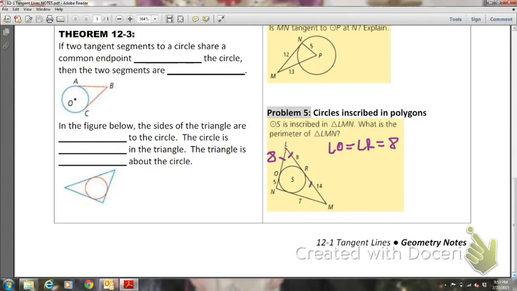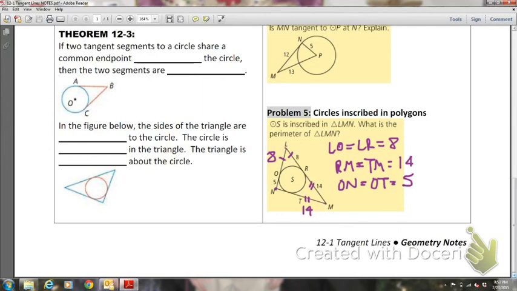So RM has got to equal MT, so those are both 14. And then the last, the smallest segments over on the other side where N is the common endpoint, you have ON has got to be equal to OT, and both of those are 5.